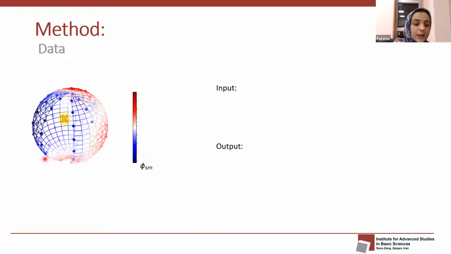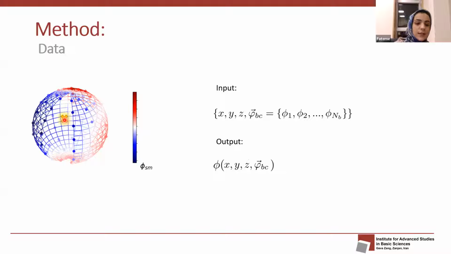Apart from those 26 modified boundary potentials, we have the position where we want to predict the potential.